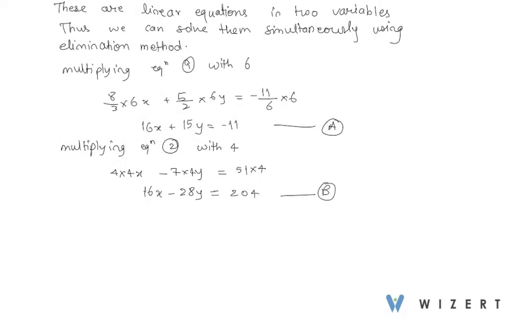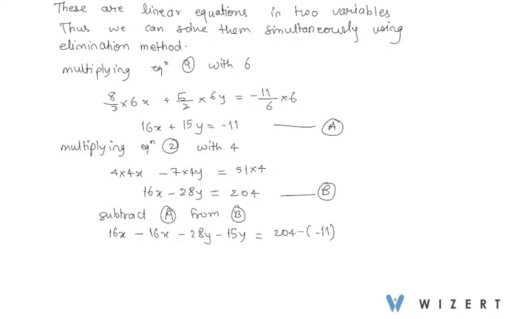Now in order to find value of y, what we'll need to do? We'll need to subtract A from B. What we get is 16x minus 16x minus 28y minus 15y equal to 204 minus of minus 11.